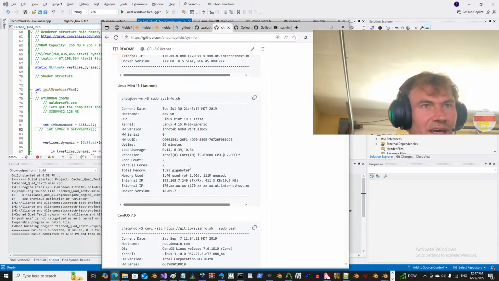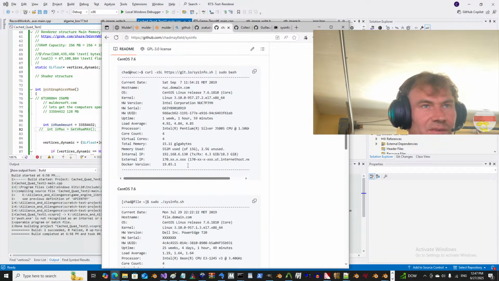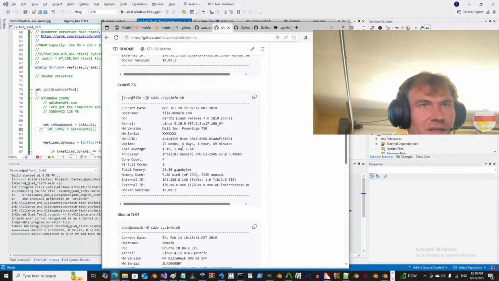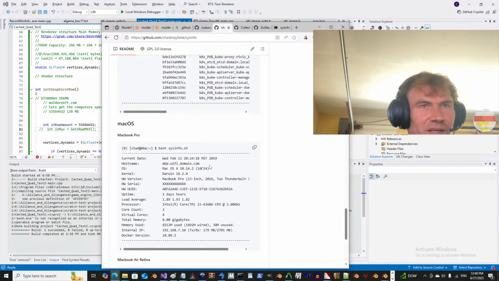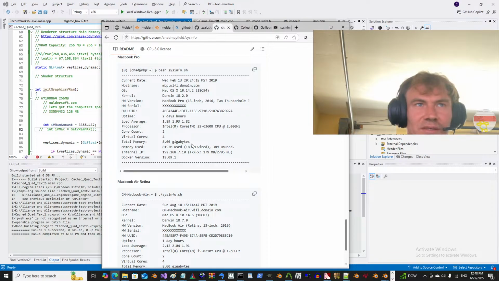I'm just seeing if they have the stat I want. They don't. I mean, it's good to know how much RAM you have, but it's really good to know how much VRAM you have. You don't really need a lot of RAM for a game unless you're doing a lot of stuff, which it kind of will be. Look at these dinosaur computers.